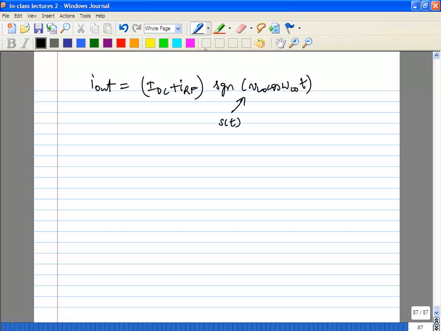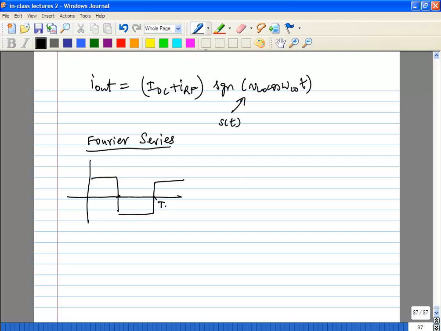So let's try to, your TLO is 2 pi over omega LO. Use your S of t.